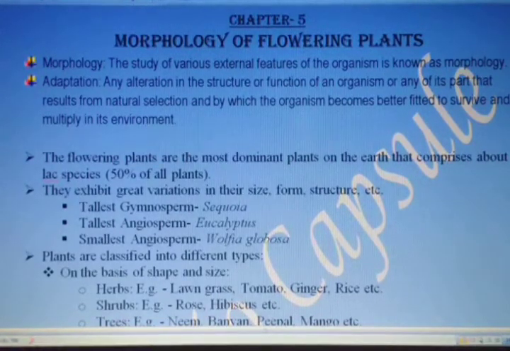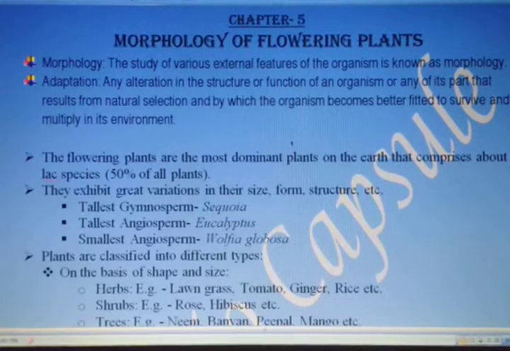Over there we discussed morphology, that on the basis of some of the morphological characters of organisms, the classification has been done.